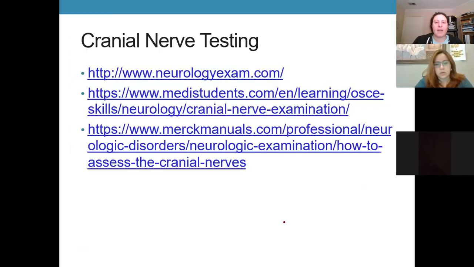Another way to help learn it, you don't have to do these, but if this is how you learn, these are some links to how to examine or assess cranial nerves, which we usually do in lab. I don't think we're going to get there this time because I still haven't seen a good simulation for it.